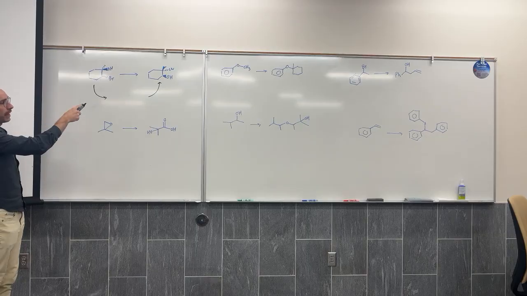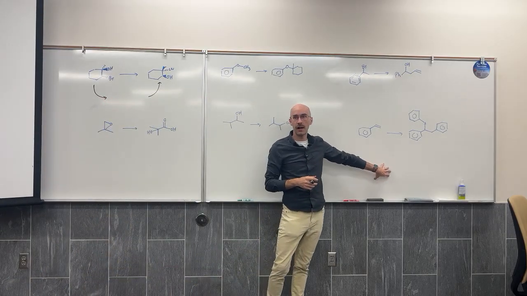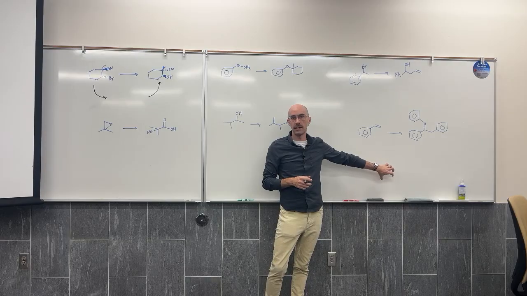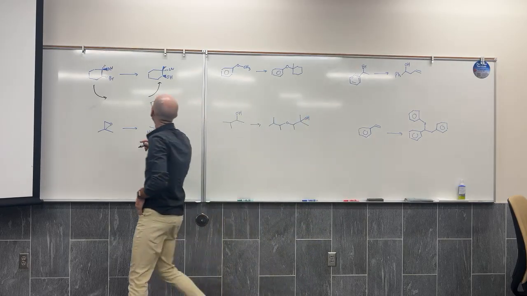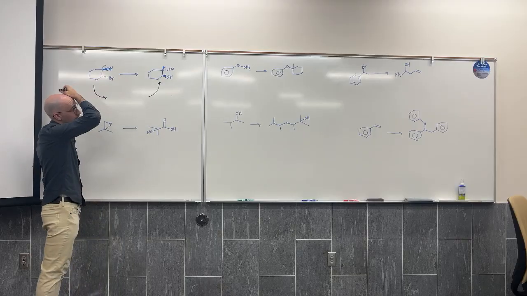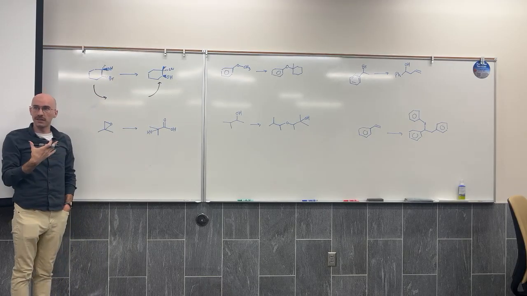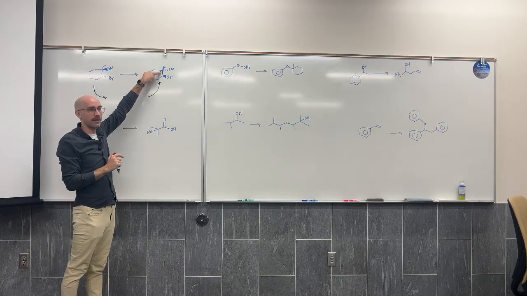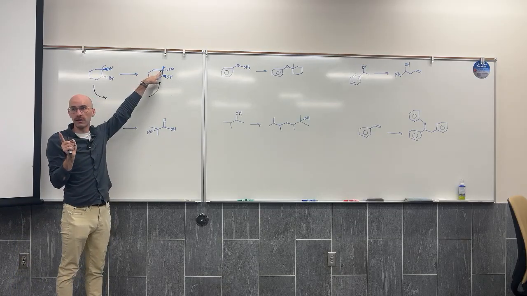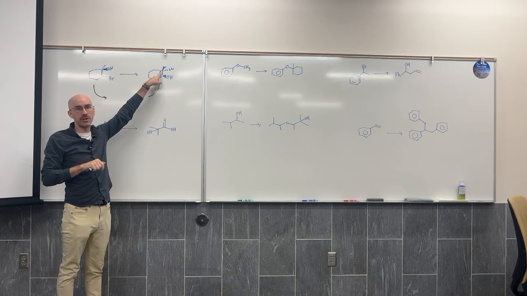When I look at this backwards, what I see is a vicinal cyanohydrin. I've got a nitrile and an alcohol right next to each other, and they're anti, which is evidence of backside attack on the epoxide ring. The nitrile, the nucleophile, has attacked the more substituted position.